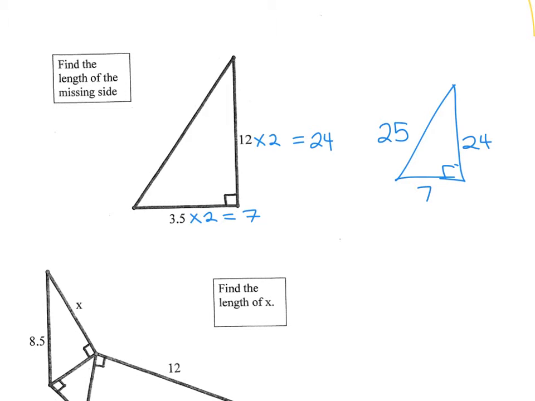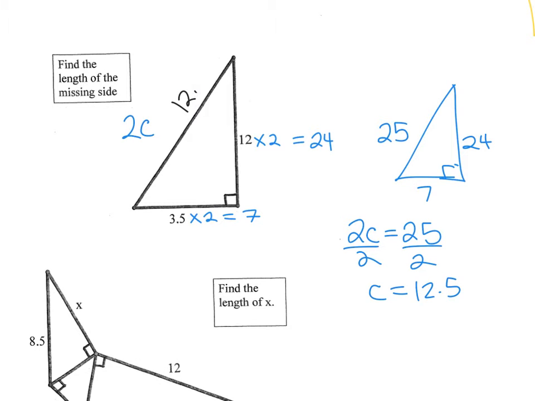Okay, so another way you can think of this is that's great. We multiplied everything by 2, so this is the hypotenuse. If I multiply this by 2, I have 2c. Well, 2c is equal to 25. When we divide by 2, our c is equal to 12.5. So this missing side would be 12.5.